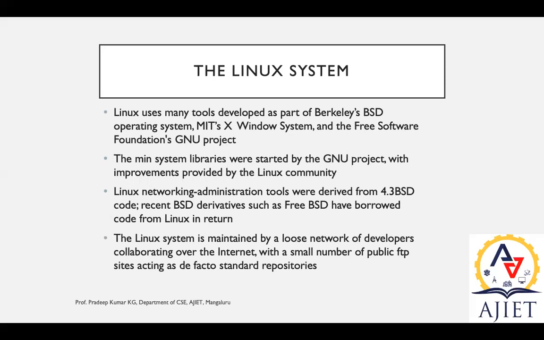The system libraries were started by the GNU project. As a part of the Linux community, they provided improvements at the performance level, the component level, and the module level of the Linux environment, and they added networking administration tools as well, which were derived from 4.3 BSD code.